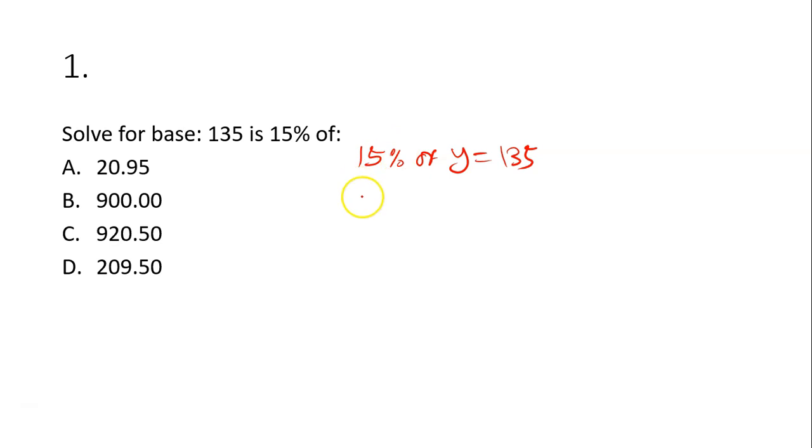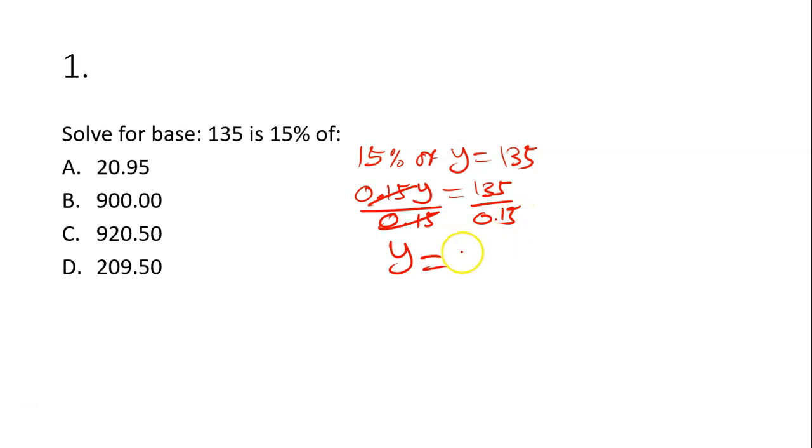So 15% is what? 0.15 in decimal times y is equal to 135. So to get the value of y, we divide both sides by 0.15. So y is equal to 135 divided by 0.15. You get 900. So the correct answer for question 1 is B.